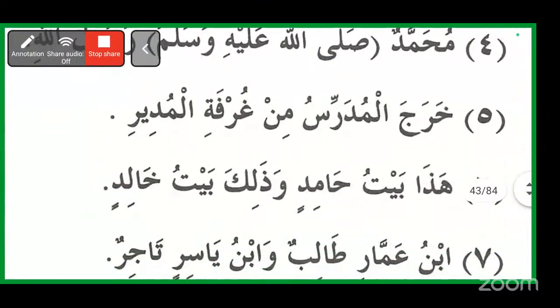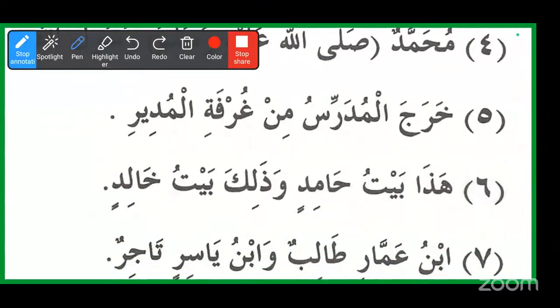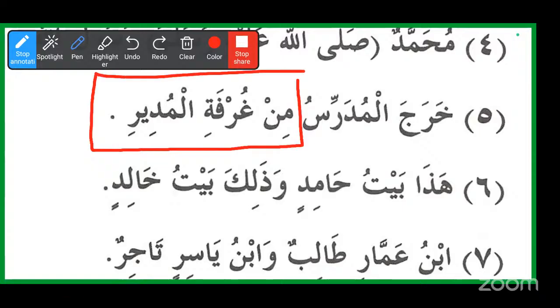Now here we have got another new thing. I don't know why they have added this right now. Chalo. خرج المدرس من غرفة المدير. Now, first let's discuss the khabar part. Min ghurfatil mudiri.